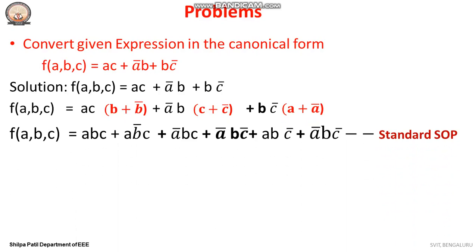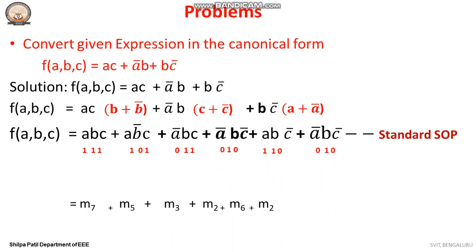As I already told you, while writing the product terms, please follow the sequence represented on the left hand side. We have followed the ABC sequence on the left hand side, so all the product terms should be in the same sequence. Now it will be 111, 101, 011, 010, 110, 010.